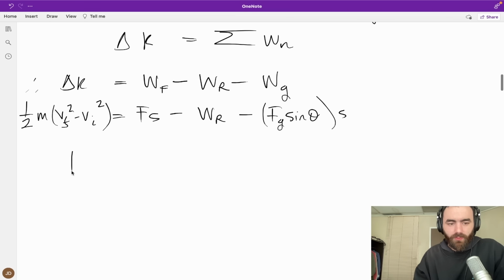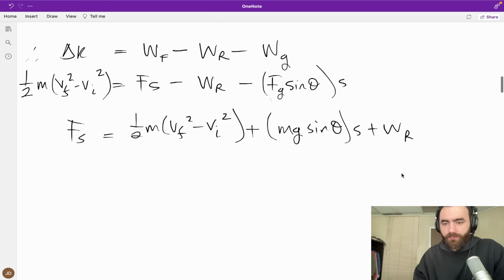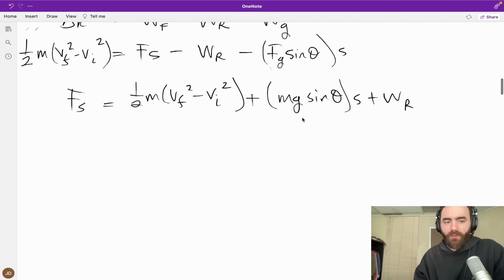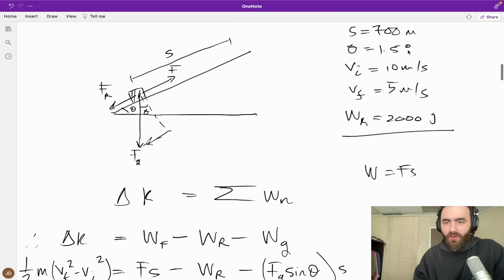So take both of these over, we get Fs equals half m of Vf squared minus Vi squared, plus mg sine theta times S. All right, we have all these values, so let's just plug it in. S is 700.